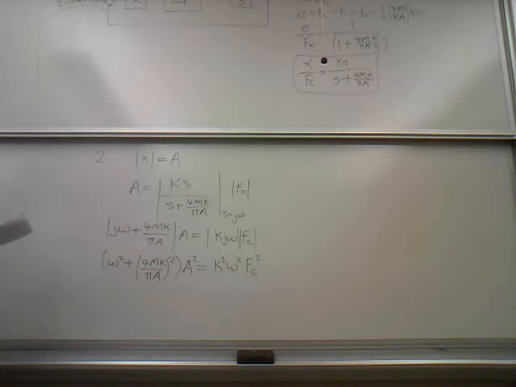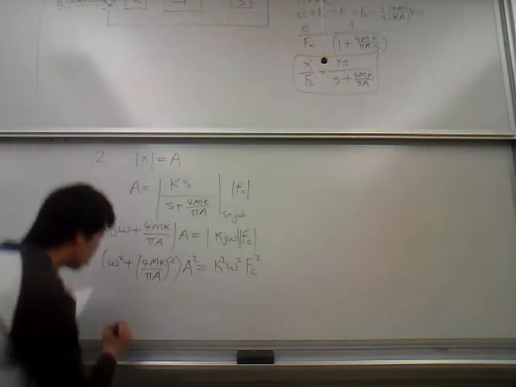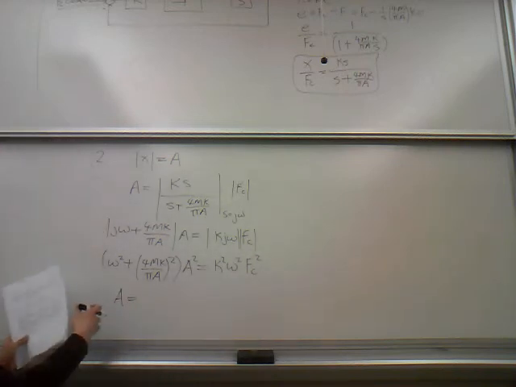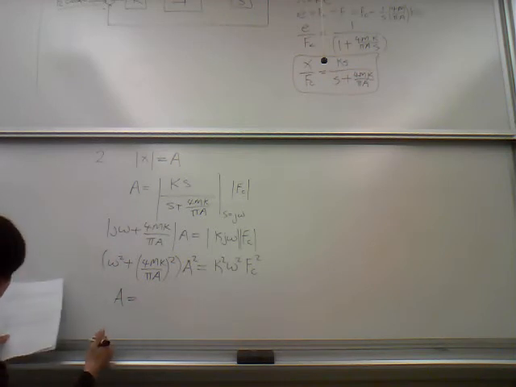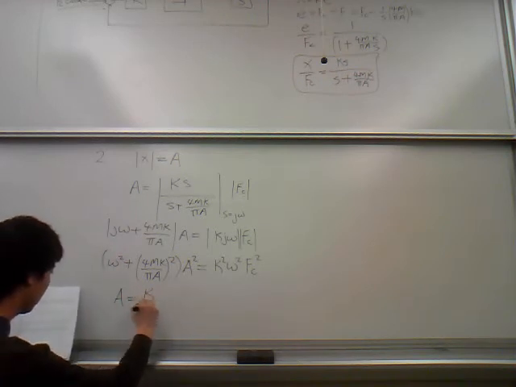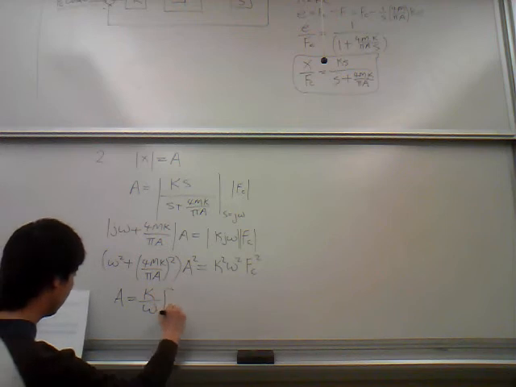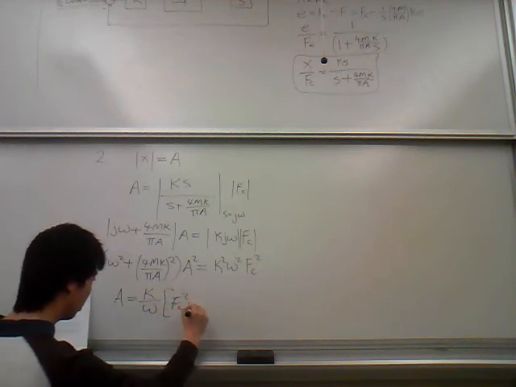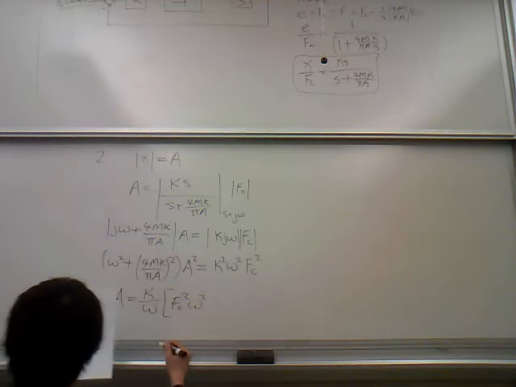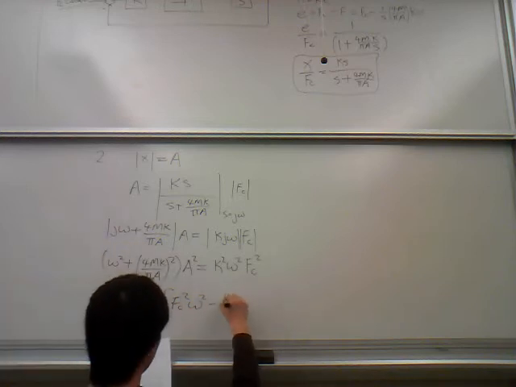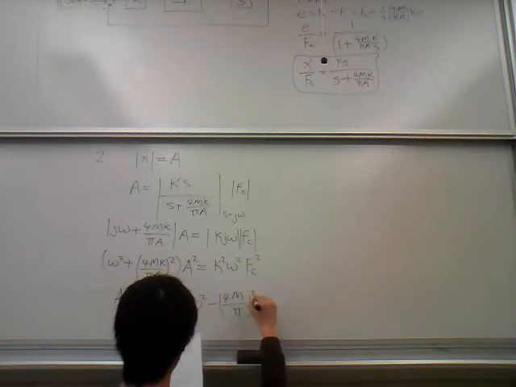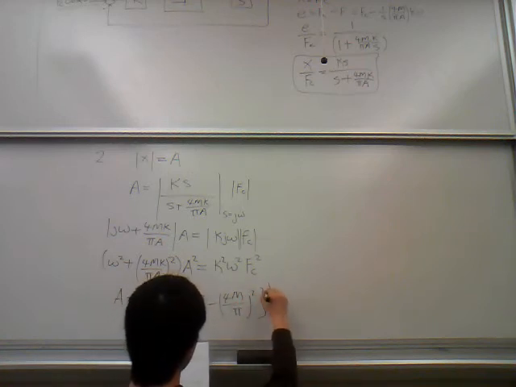So now we can move things around and won't go into it. Your final expression for A is going to be FC at this level. It's going to be K over omega, square root of FC squared omega squared minus 4m over pi squared.